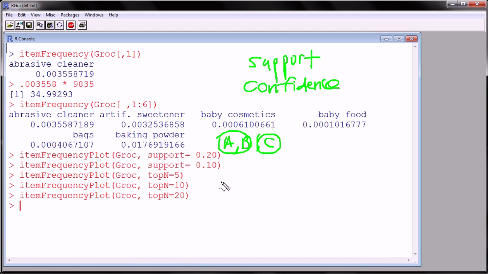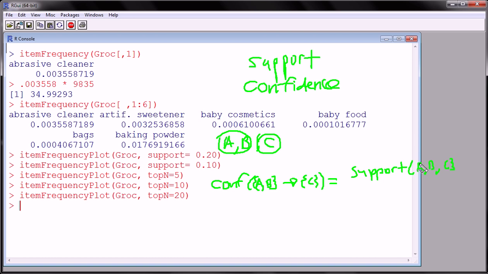Okay, so the formula to calculate confidence, let's use this scenario. The confidence of A, B, and let me try to put this in set notation, resulting in a purchase of item C, or implying, is equal to the support of A, B, and C together.